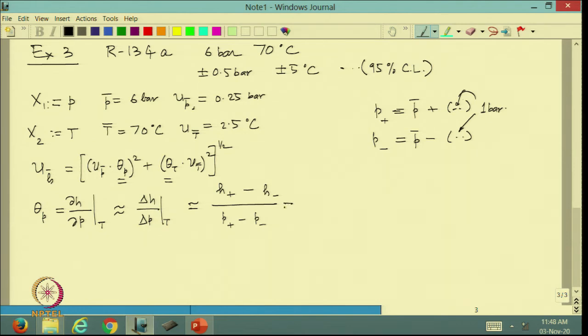So, this expression will become: we calculate H at the same temperature, which is 70 degrees C. 6 plus 1 becomes 7 bar, 70 degrees Celsius, minus H at 6 minus 1, 5 bar, 70 degrees Celsius, divided by 7 minus 5 bar.